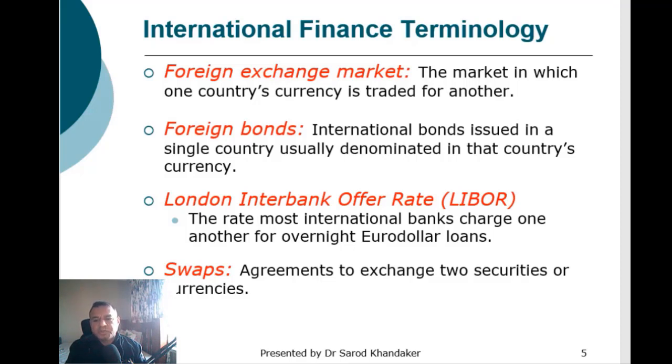LIBOR is the London interbank offer rate, the rate at which international banks lend to one another for overnight eurodollar loans. And the last one is the swap, which is an agreement to exchange two securities or currencies.